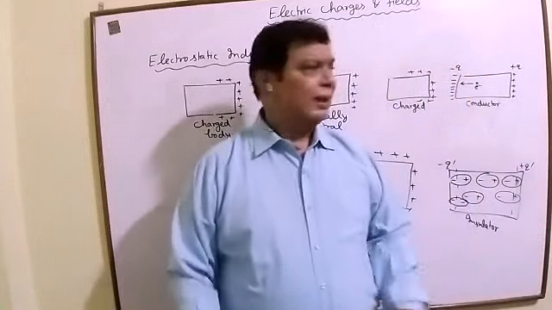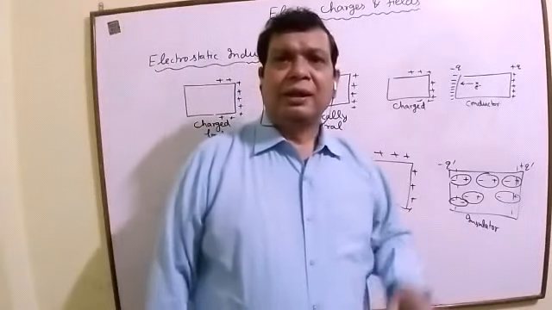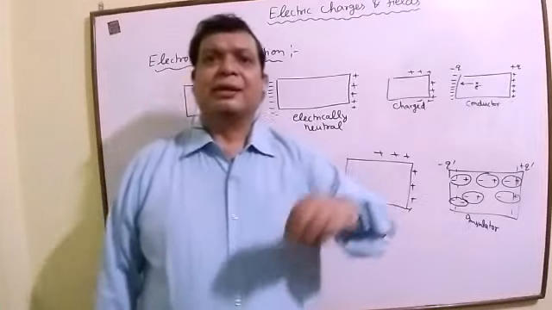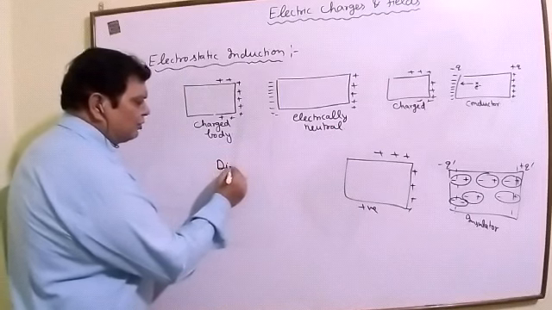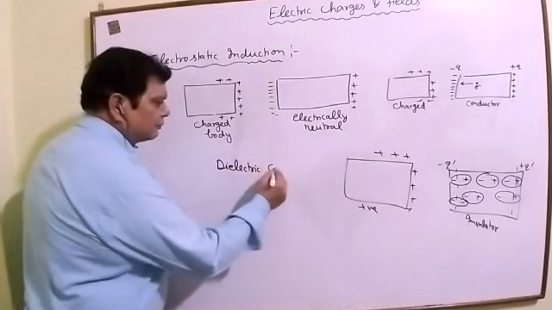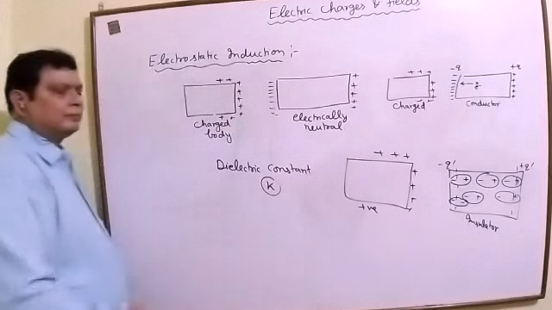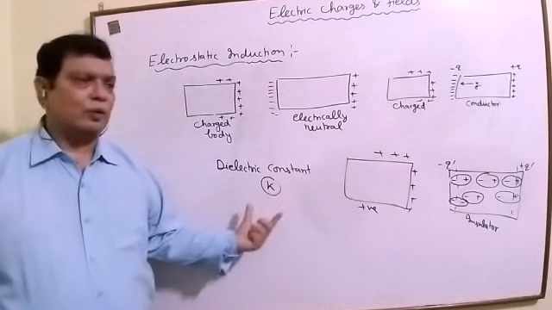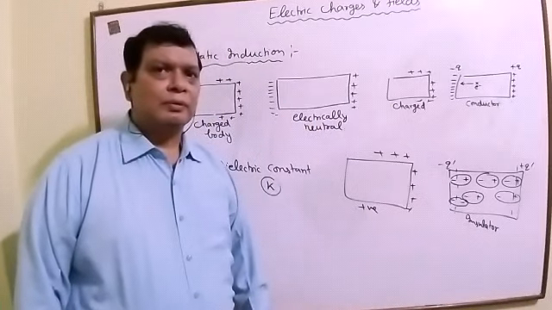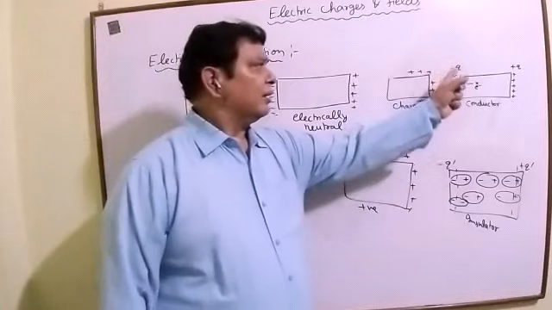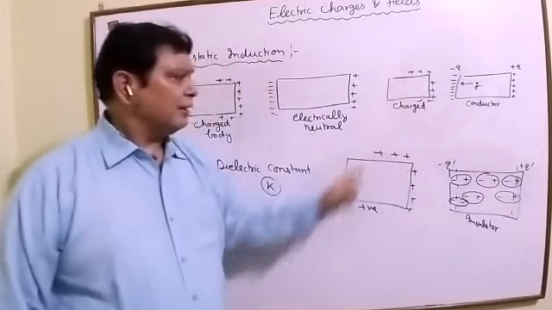So, how easily this phenomenon of electric polarization or electrostatic induction can take place is represented by a term named dielectric constant, which we denote by the letter K, or it is also called relative permittivity. It tells how easily any substance, any medium is electrically influenced by the charges.